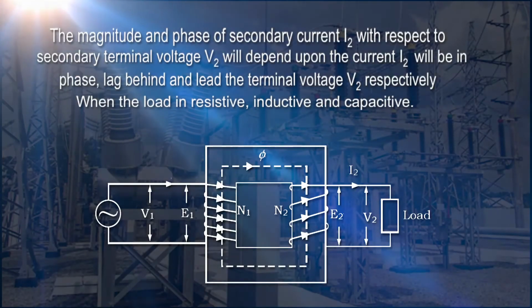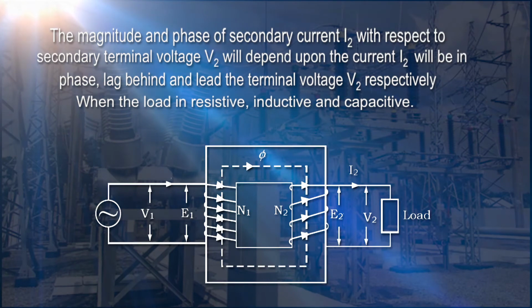When the secondary circuit of a transformer is connected through an impedance or load, the transformer is said to be loaded and current flows through the secondary and the load. The magnitude and the phase of the secondary current, shown as I2 in the figure, with respect to the secondary terminal voltage V2, will depend upon the load. The current I2 will be in phase, lag behind, or lead the terminal voltage V2 when the load is resistive, inductive or capacitive in nature respectively.